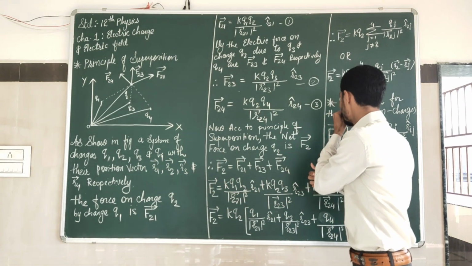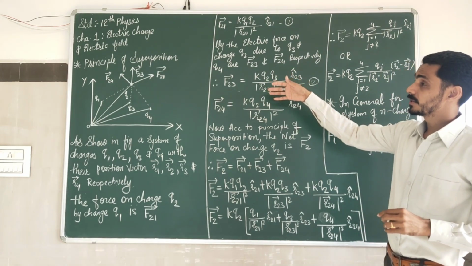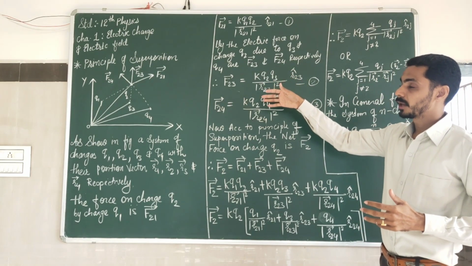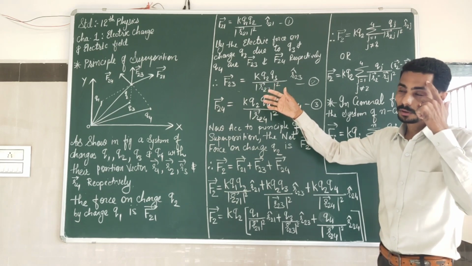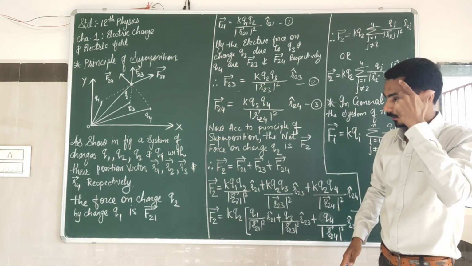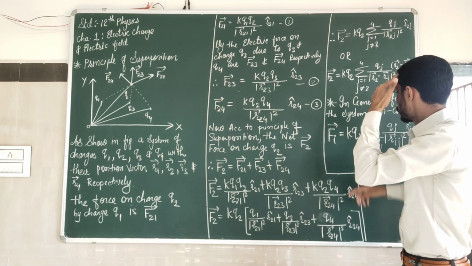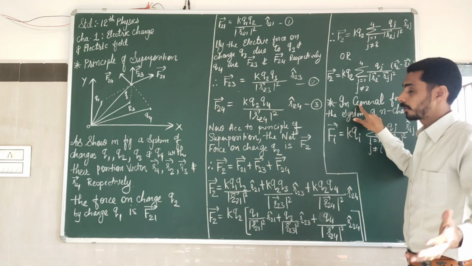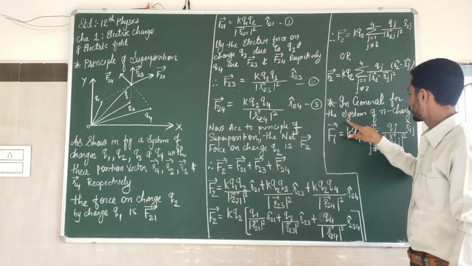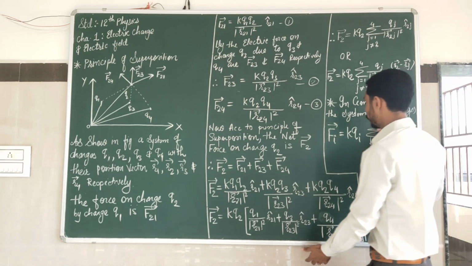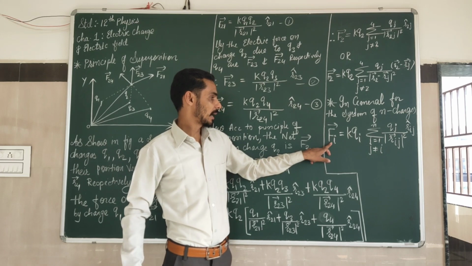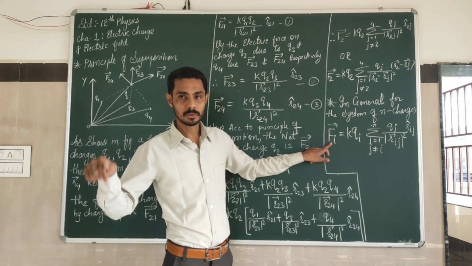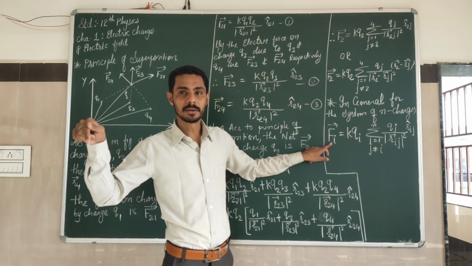Clear? So last and final, here we considered 4 charges. If there are more than 4 charges, if there are n charges, then also this principle is useful and easy to handle. So in general, for a system of n charges, suppose I am finding the force Fi on the i-th charge. That is the charge on which I am finding the net force.